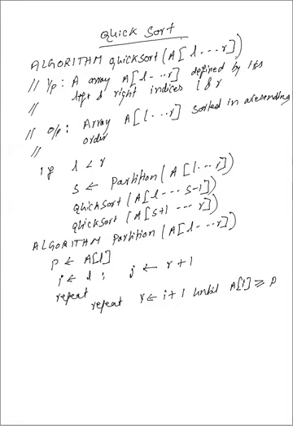We should increment I until A of ith element is greater than or equal to P. Next, repeat: decrement J from R plus 1. You decrement J until A of J is less than or equal to P. Right?